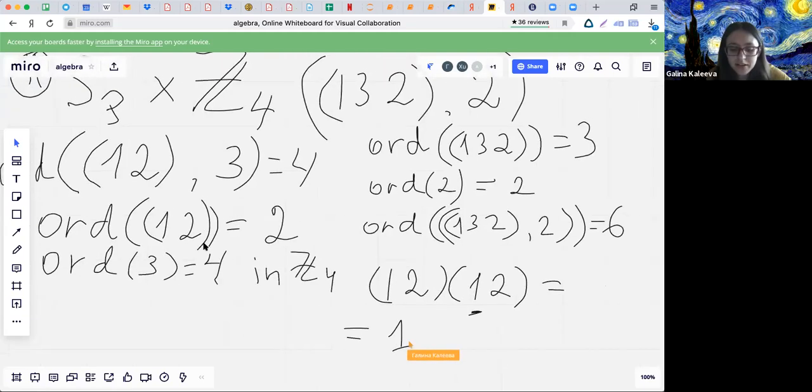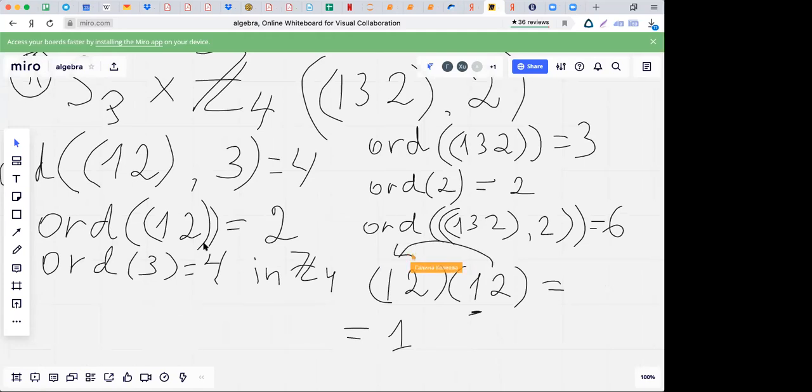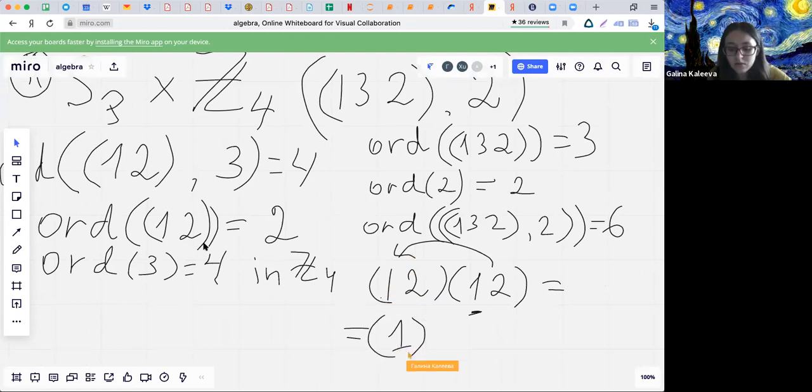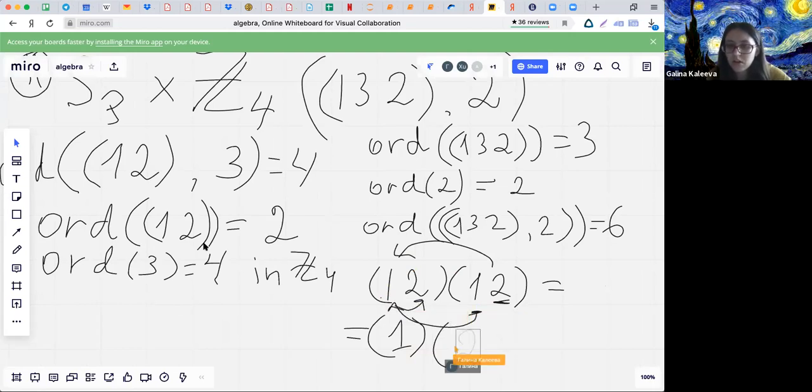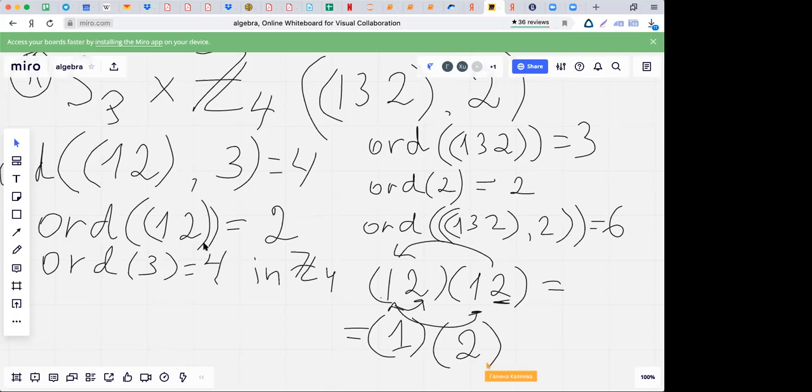Then I go here and see that 2 goes to 1. So 1 goes to 1. Then 2 goes to 1 in this cycle. Then 1 goes to 2 here. So 2 goes to 2. And this is a neutral element. Every element goes to itself. Is it clear? That seems strange to me.